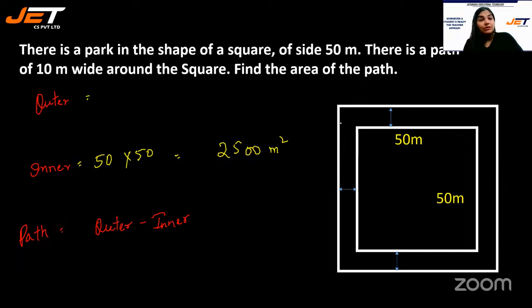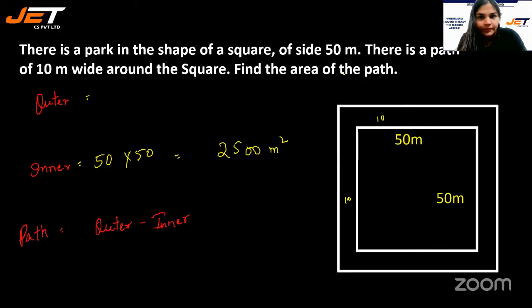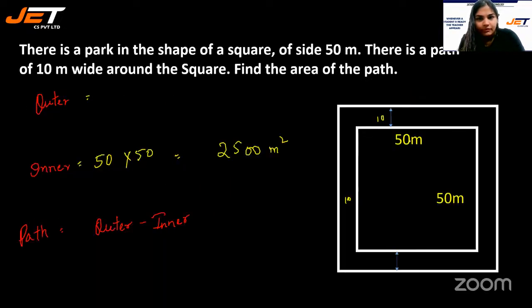If I talk about the outer, the path is 10 meters wide. So 50 plus 10 here and 10 there. 50 plus 10 is 60, plus 10 is 70.